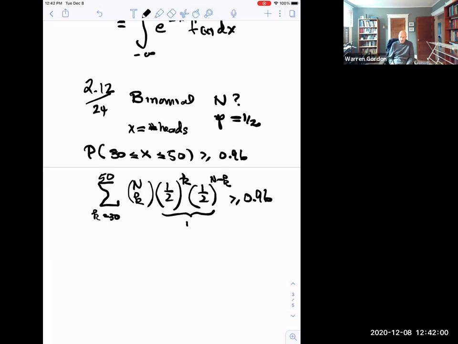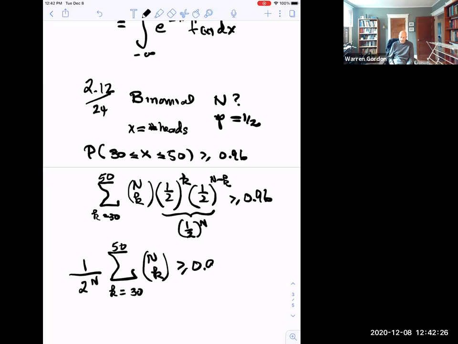And by the way, this is just 1/2 to the nth power. So I can rewrite this problem as 1/2 to the n, summation k equal 30 to 50, n choose k, and this is greater than or equal to 0.96.